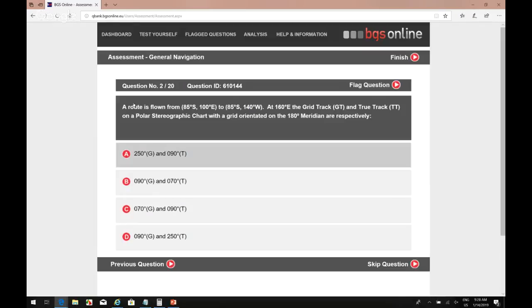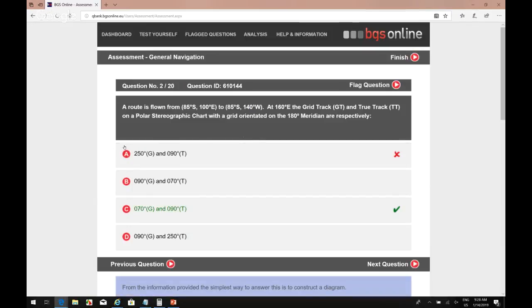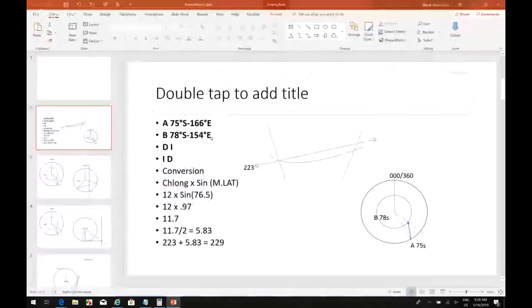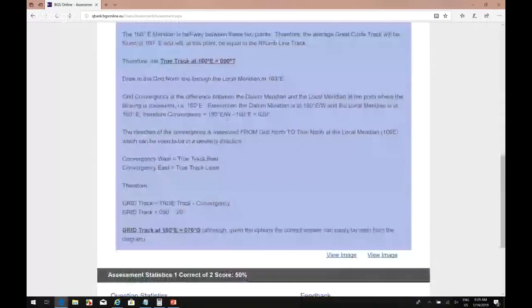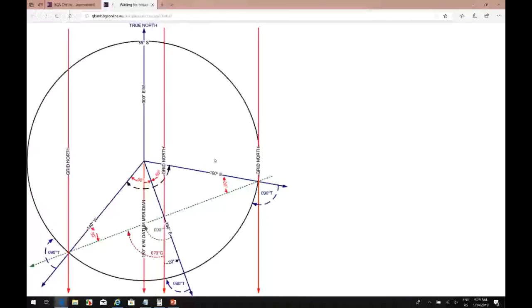Yeah, I bet that's wrong. Actually, 70 grid and 90. Why would it be 70 grid? What's the orientation of the grid oriented on the 180 meridian? Okay, let's see.